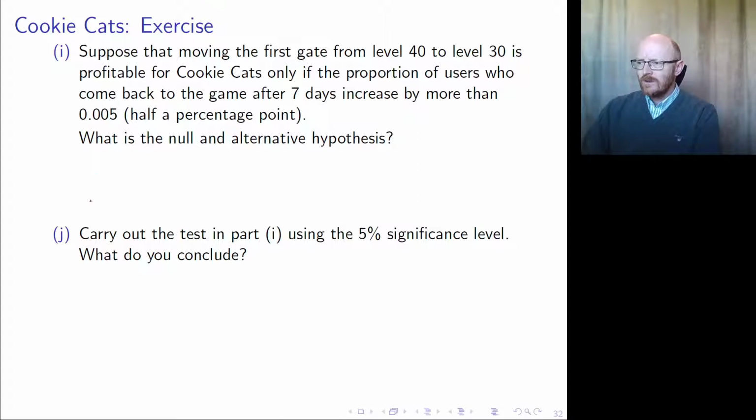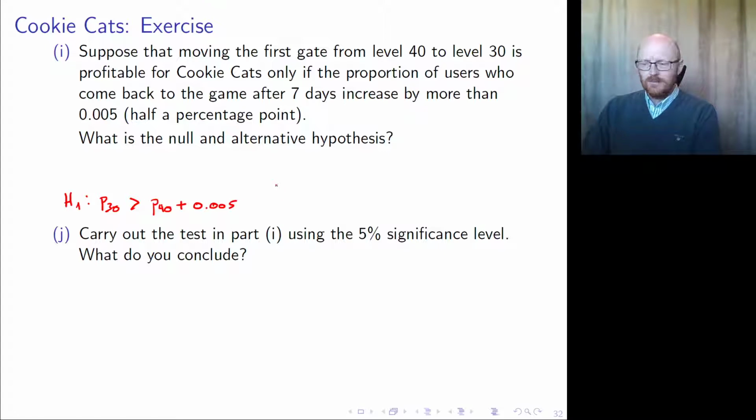Okay, so of course we start with the alternative hypothesis, and if this proportion after the change to gate at level 30 is greater than the proportion or player retention rate with gate at level 40 plus the cutoff value.